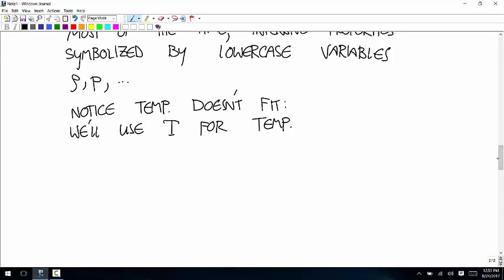Okay, so now that's intensive properties. Extensive properties are properties that are only defined over a finite amount of material.